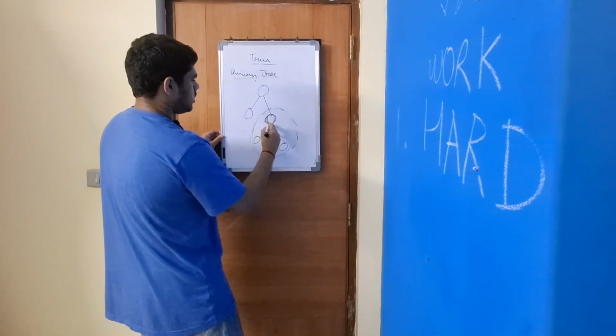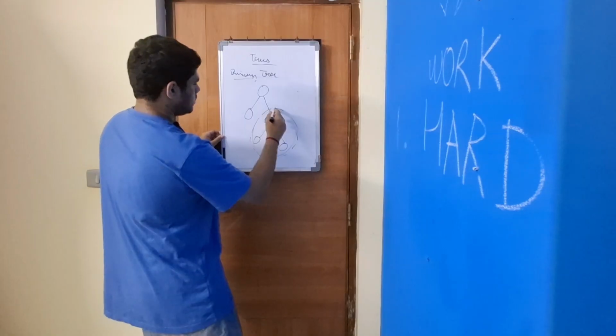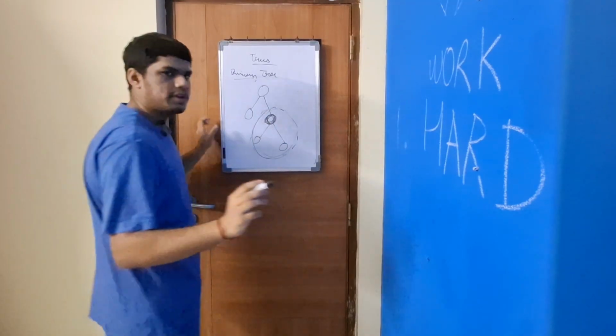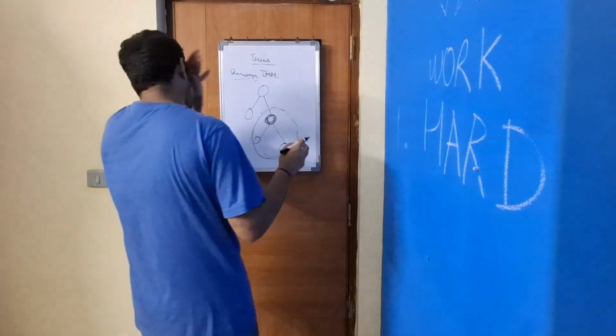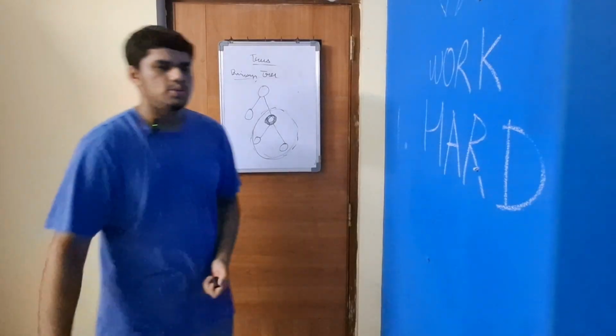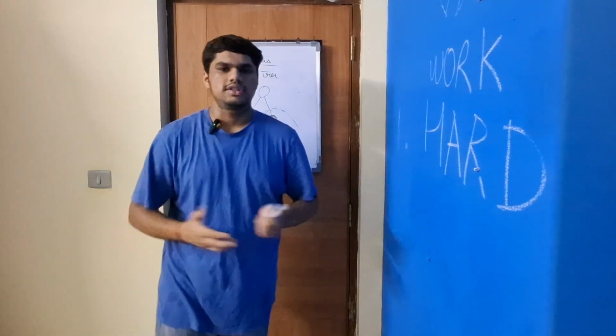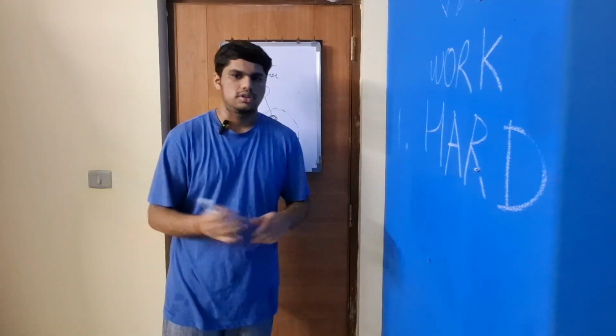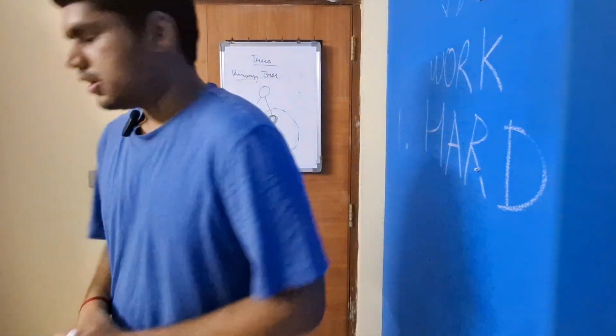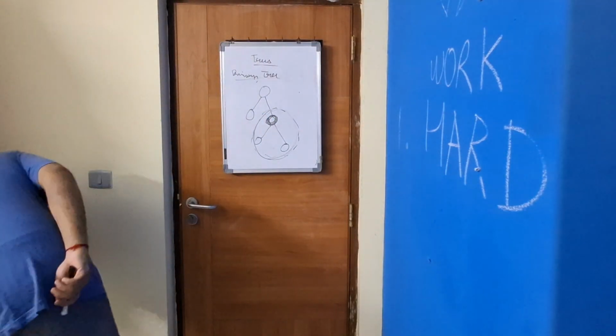If you are here, this whole part will be a subtree, right? So that's it. And let's move into the traversal part, depth first search, breadth first search, all those things, right?